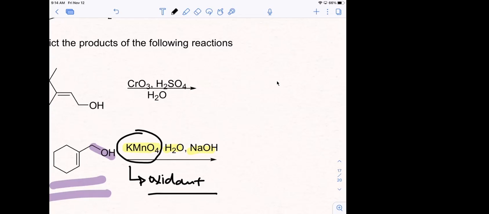So it's going to keep oxidizing that carbon up until it gets to its highest oxidation state, which is in this case having 3 bonds to oxygen. All right, so that's going to be the product from that reaction. It won't stop at the aldehyde. It'll keep going until you get to the carboxylic acid.